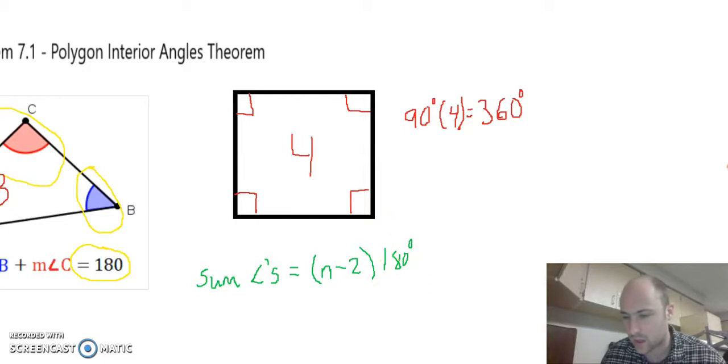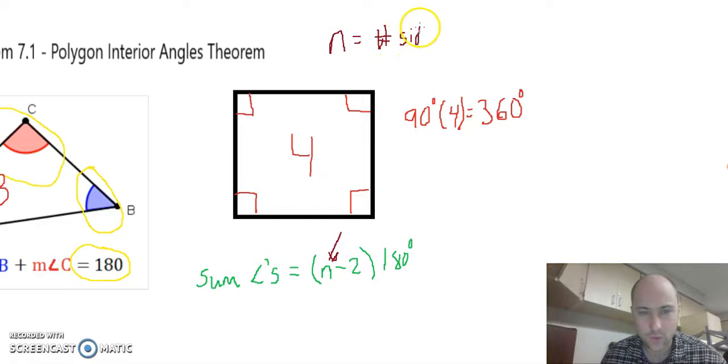Now you should be thinking to yourself, what the heck is n? Where did this come from? So n equals the number of sides.